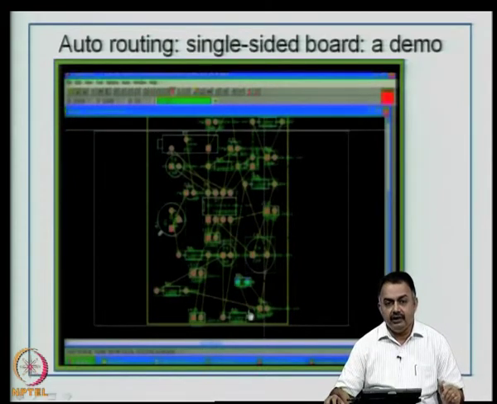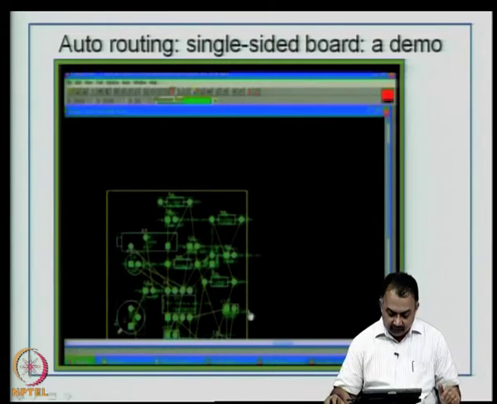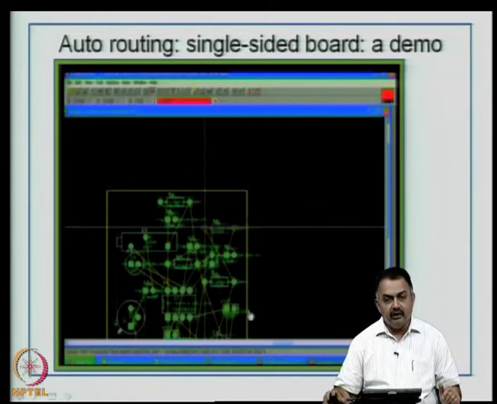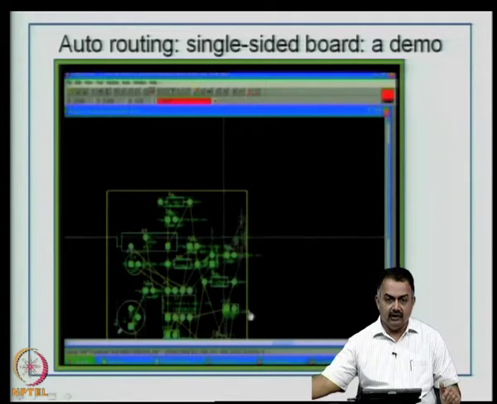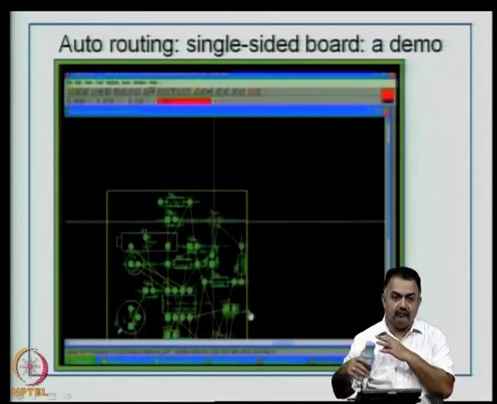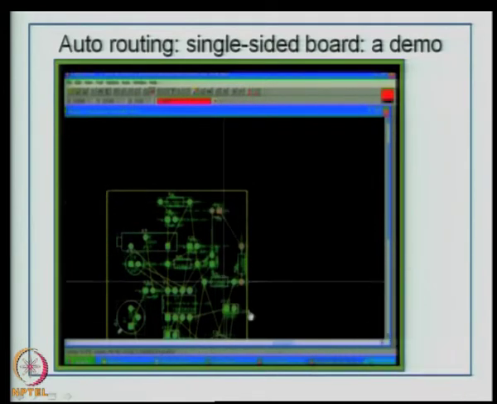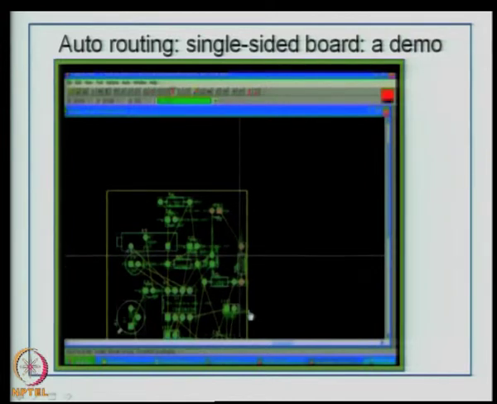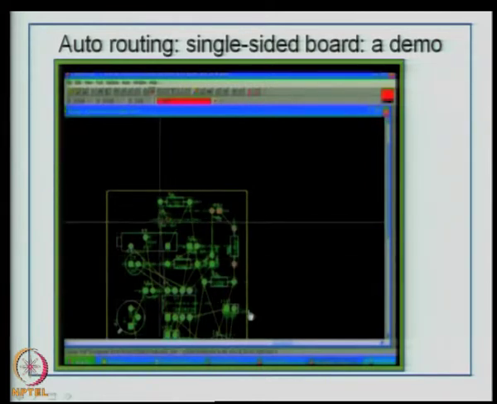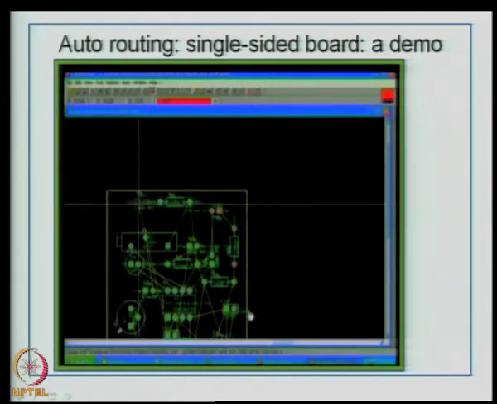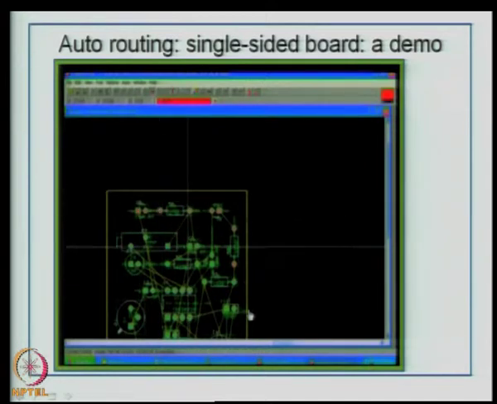Now, if required, you can also increase the board size, increase the board outline if you feel that this space is not enough. So, you can spend some time on moving the components effectively to provide less obstacles for your routing.